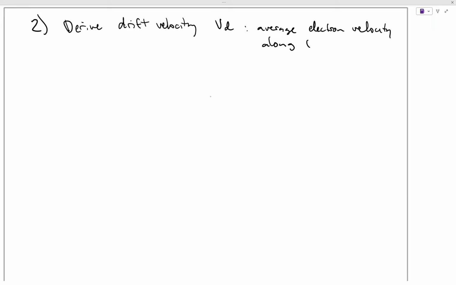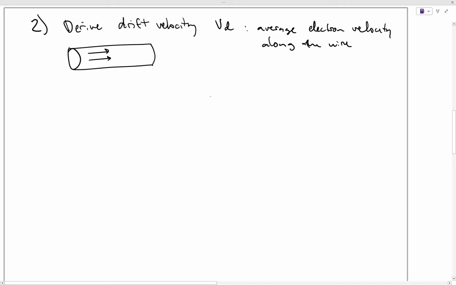Imagine we have a chunk of wire, and there's an electric field in the wire, and the electrons are bouncing around inside the wire, and on average they have some velocity, and that's the drift velocity.